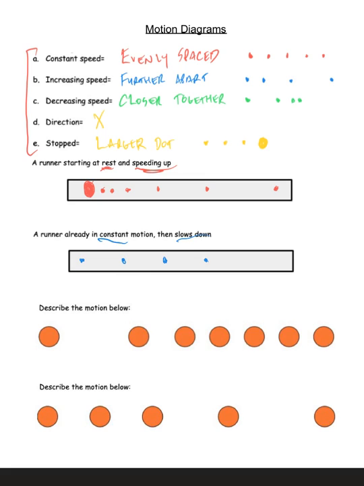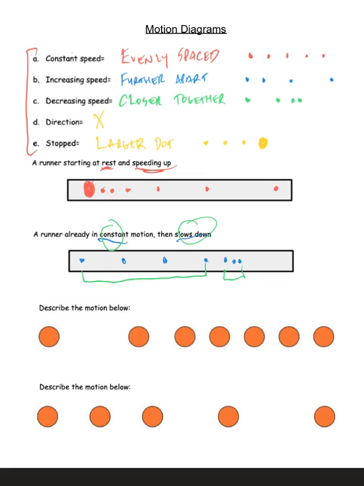And the way I do that is by putting the dots closer together. So I will go ahead and do that. And that shows that that particular object slowed down. So the object was at constant speed. That's why I had these initial dots evenly spaced, and then the object slowed down, making sure that I move the dots closer together. So that's how to draw a motion diagram or a motion map.